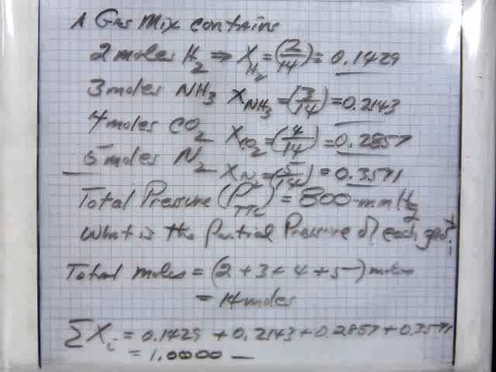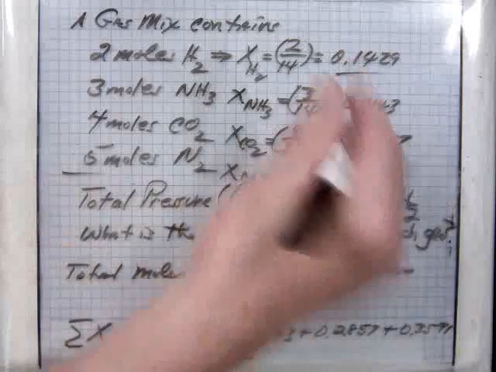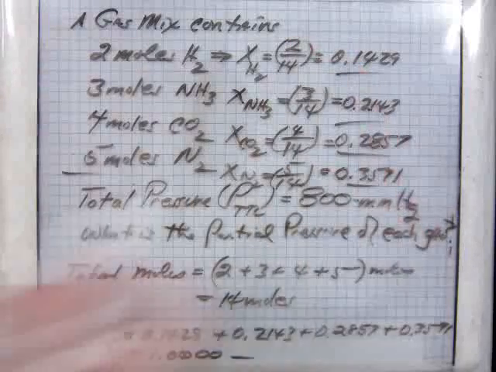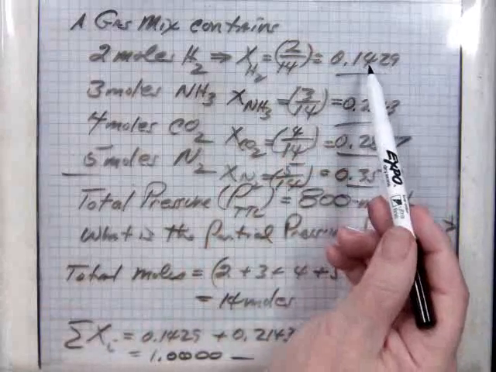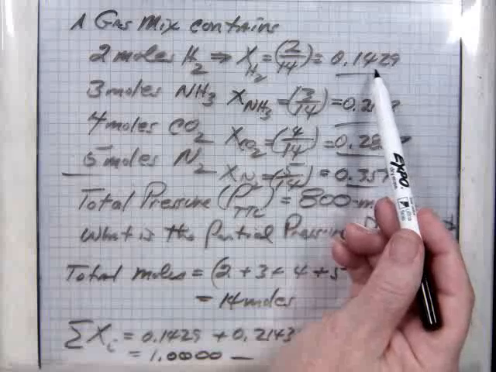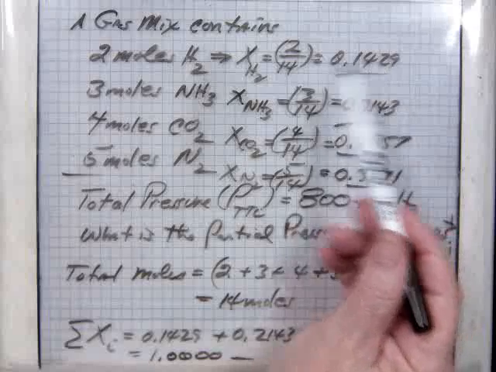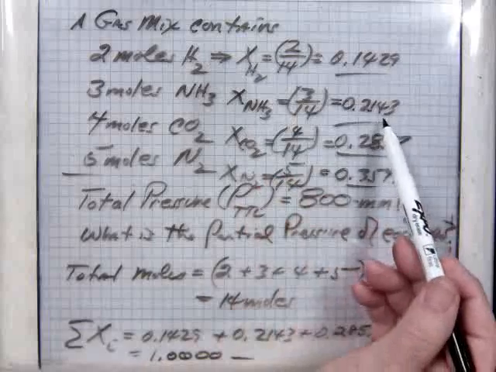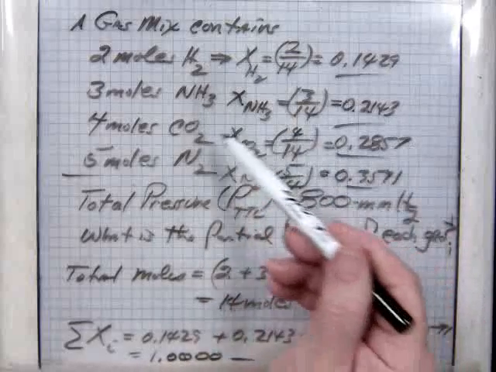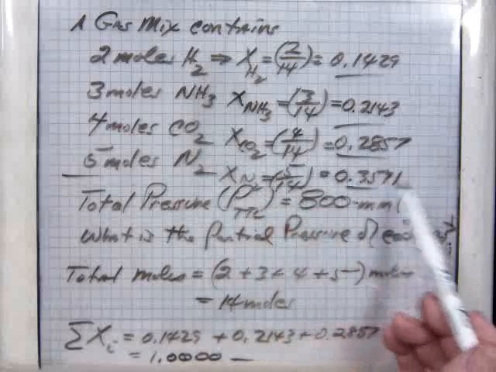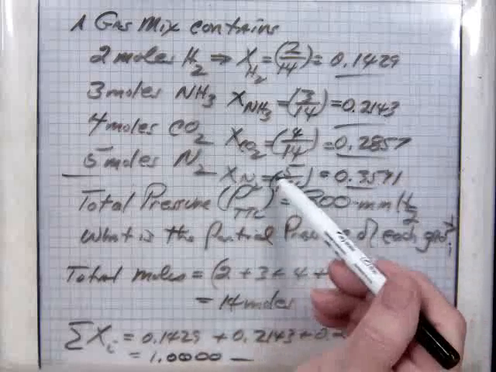It confirms our calculations of mole fractions. If you were to convert these into percentages, the mixture is 14.29% H2, 21.43% ammonia, 28.57% CO2, and 35.71% nitrogen.